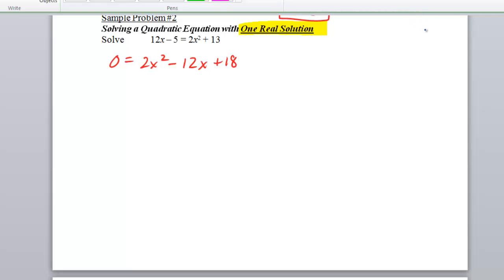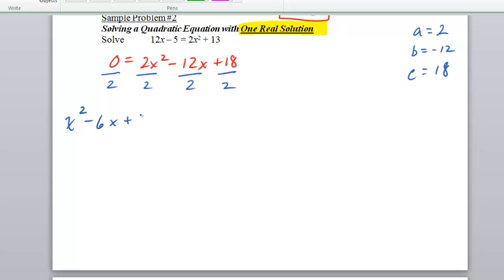And of course, I can identify my a as being 2, my b as being negative 12, and my c as being 18. However, if I want to make life a little bit easier, what I can do with this particular problem is divide all parts by 2. If you recognize that right off the bat, you will then narrow this down to x squared minus 6x plus 9 equals 0.